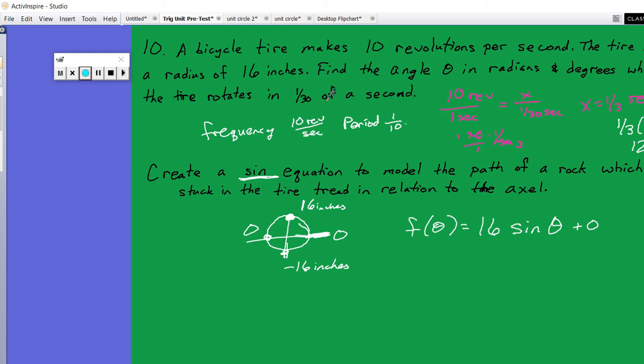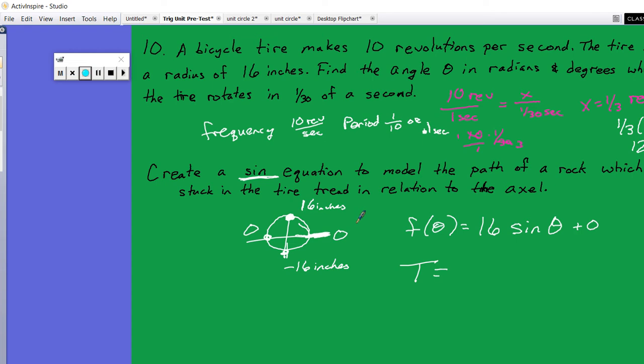It is 1 over 10, or 0.1 of a second. So that's how long it takes to go 1 revolution, 1/10 of a second. So now that's the period.